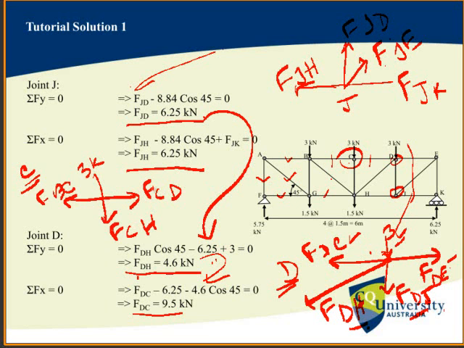Okay. In this diagram, you have to find out the value of FCH. Just consider sum of y for this diagram equal to 0. You will get FCH equal to 3 kilonewton.